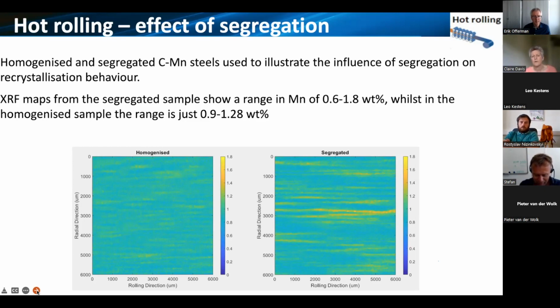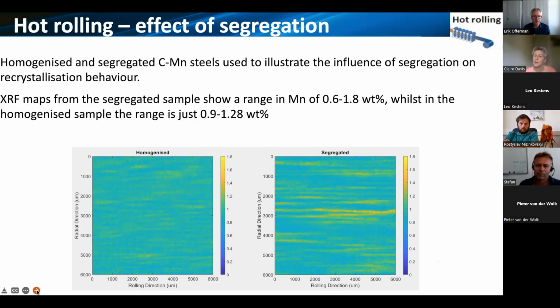And we have two samples, the same material, cast the same. So we have a segregated composition. These are XRF maps over about a 6mm square surface region, showing the manganese levels.